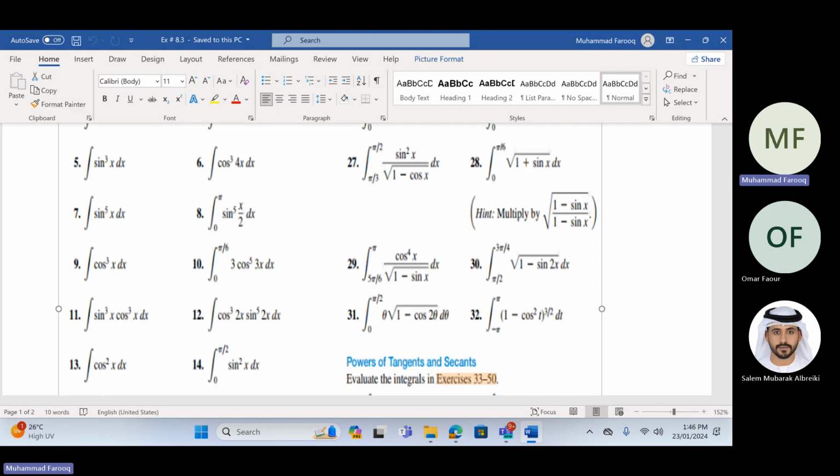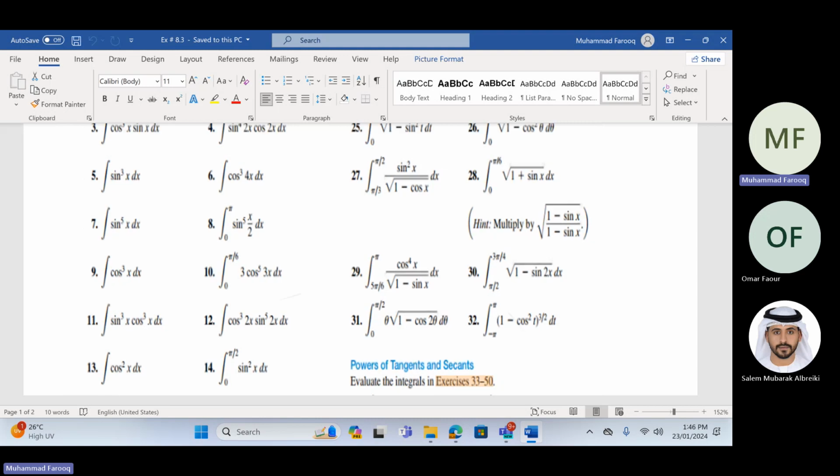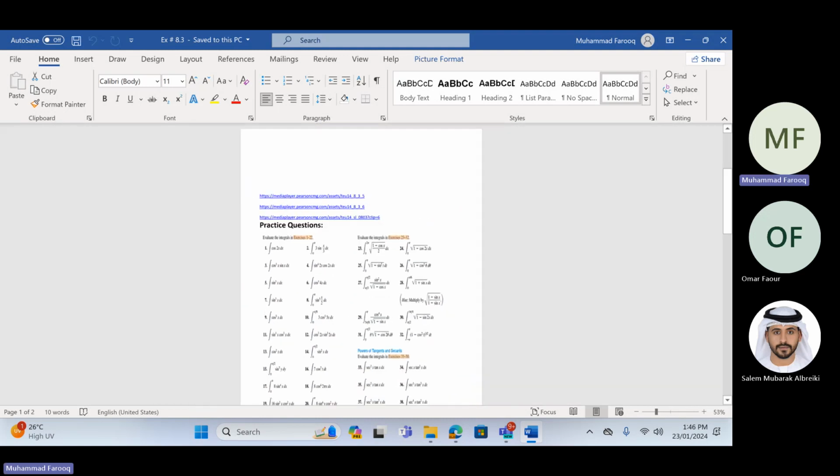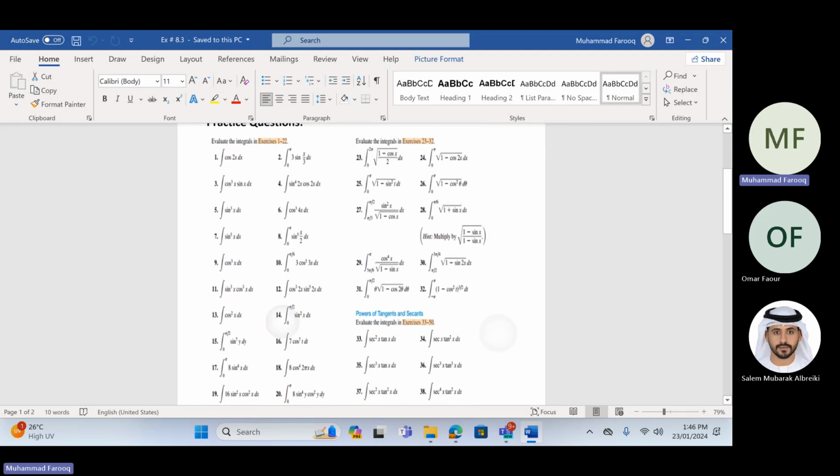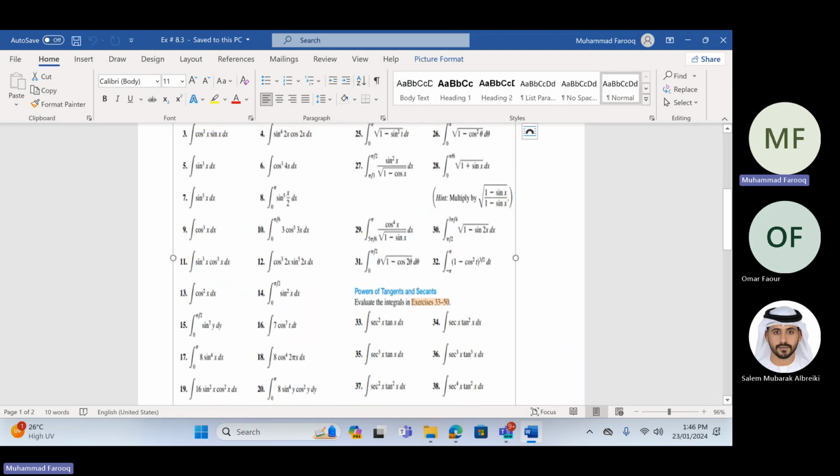So this is sine squared. Now check the behavior of the sine function from 0 to pi by 2. I think it's not theta here. I made a mistake, it's not theta. In that case, it becomes integration by parts. Continue, please.